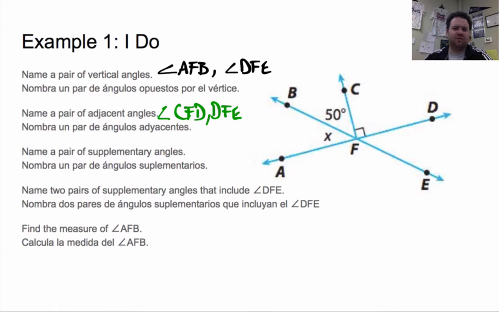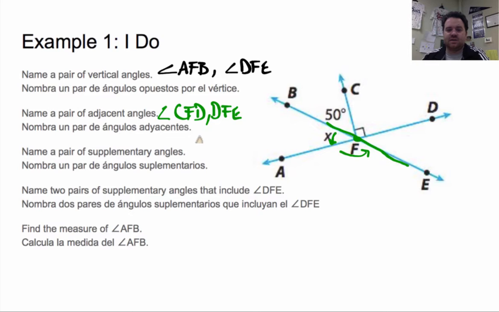And there are a few other pairs of adjacent angles we could have gone with. We could have gone with this one and this one, or we could have gone with this one and this one. There's several different pairs. Supplementary angles, I need to remember that supplementary is 180 degrees. So supplementary angles make a straight line. So this is a straight line here. Here's our vertex. So this angle and this angle are supplementary.